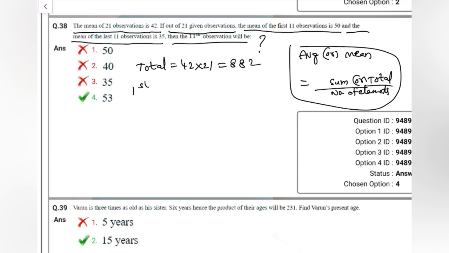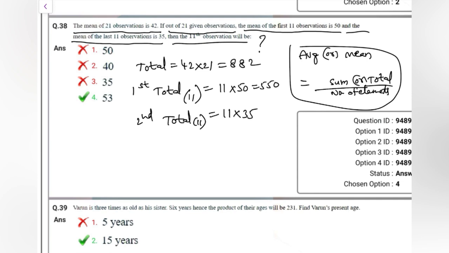Similarly, the total of the first 11 observations is equal to 11 into 50, which is equal to 550, and the last 11 observations total is equal to 11 into 35, which is equal to 385. Now, the total of the last 11 observations plus the first 11 observations is 550 plus 385, which is equal to 935.